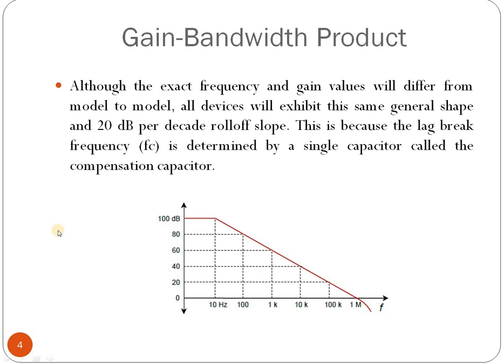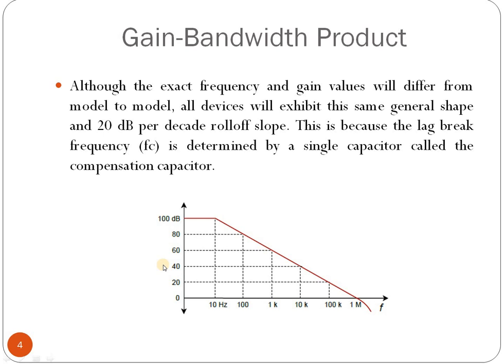Gain bandwidth product. You can see in the figure the general shape of the frequency response of an op-amp, but it may vary for different models of op-amp, and the output values may also vary. But the shape will normally be like this.